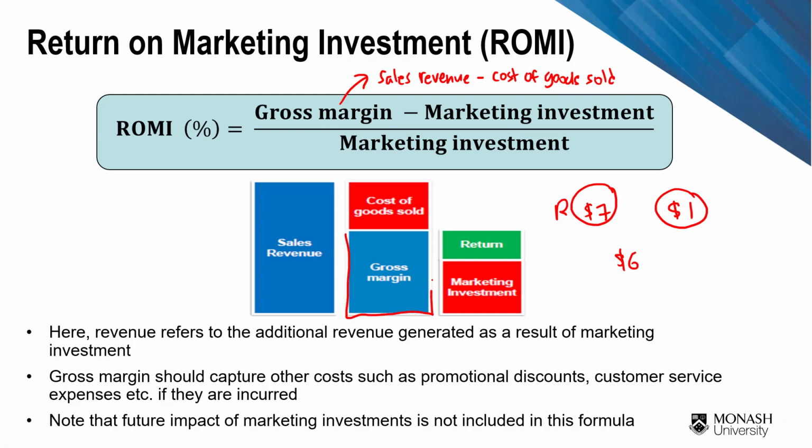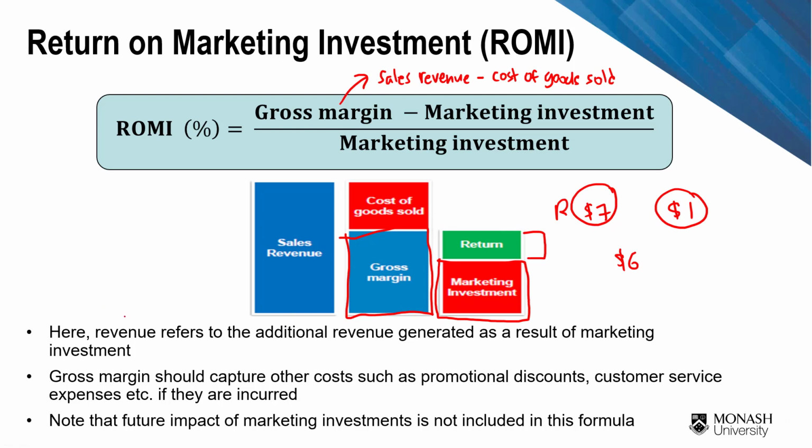You look at this, and you have your marketing investment in here, and you want to see the excess return, and how that helps you see whether this investment is actually working well.